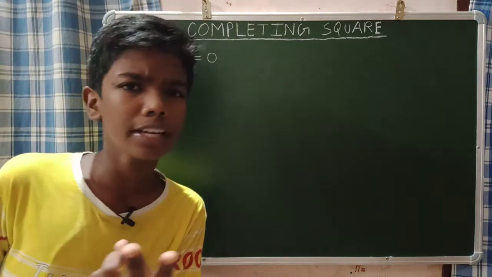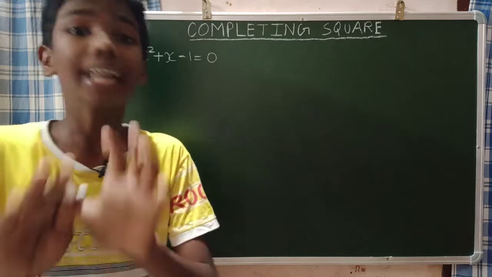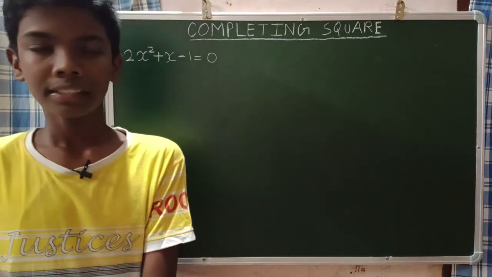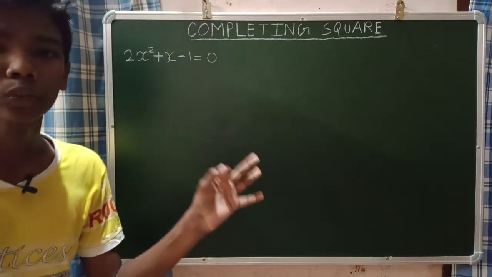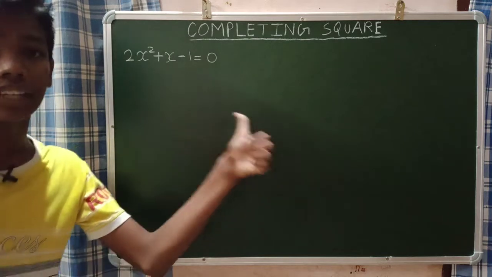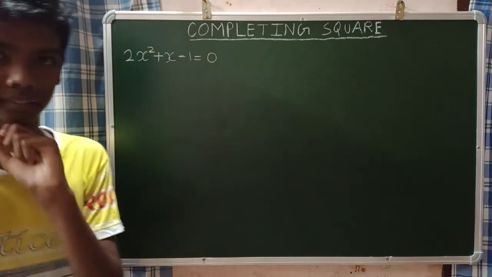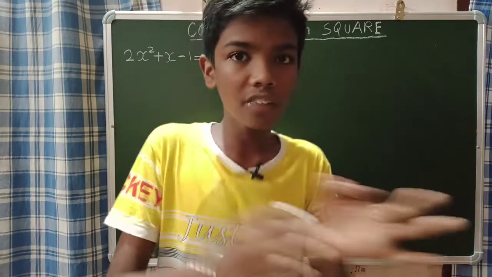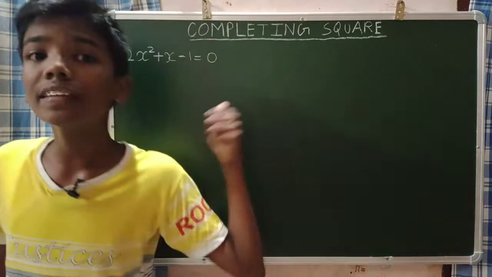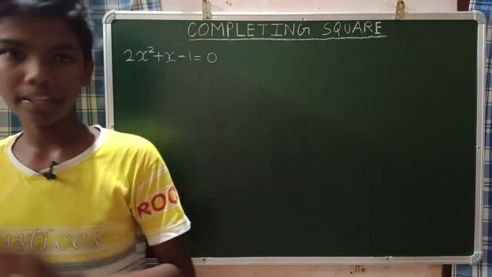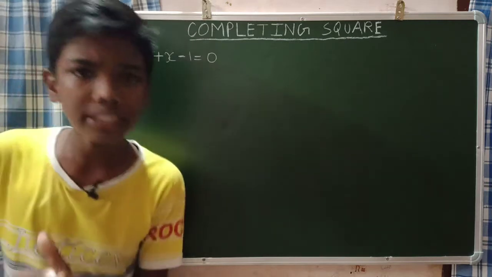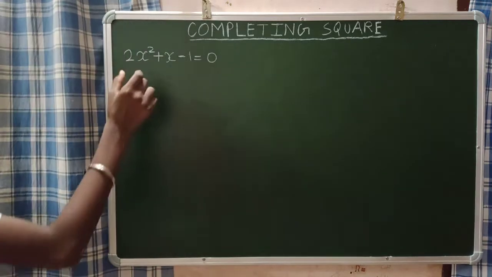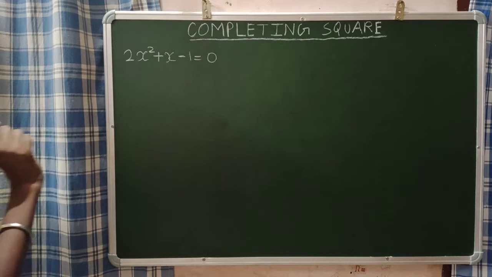The second step is, divide the coefficient of x squared on both sides of the equation if it is not 1. I will repeat once again, guys. Check what the coefficient of x squared is.